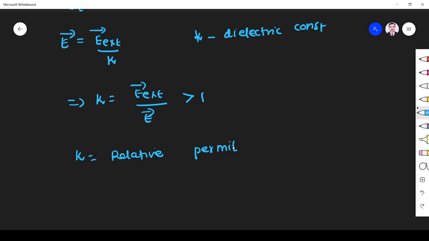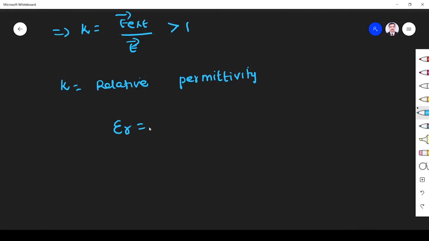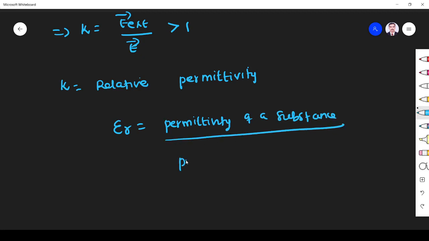What does relative permittivity mean? It is simply epsilon r, which is equal to the permittivity of a substance to the permittivity of free space. It is a ratio of the permittivity of a substance to the permittivity of free space.